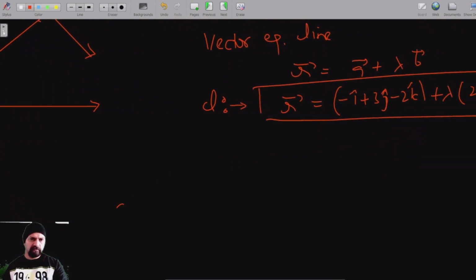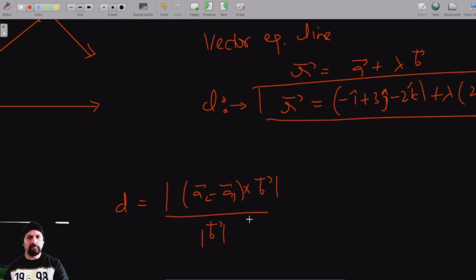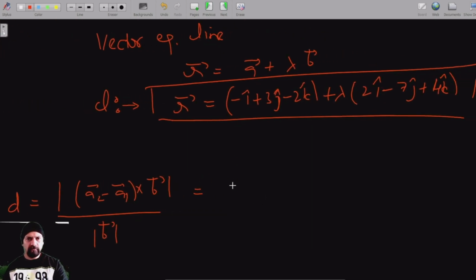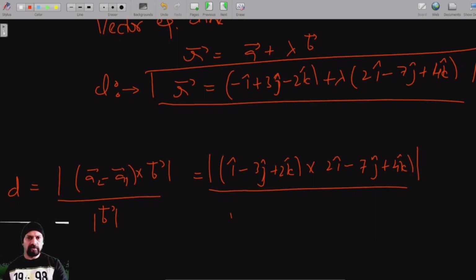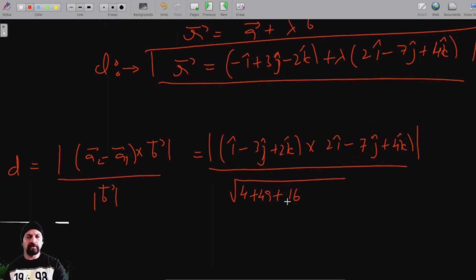Now the distance from the origin is given by the magnitude of (a2 minus a1) vector cross b vector, upon the magnitude of b. Now a2 minus a1 is i cap minus 3j cap plus 2k cap, crossed with the b vector, which is 2i minus 7j plus 4k cap. So the magnitude of b is the square root of 2 squared, 4, plus 49, plus 4 squared, 16.